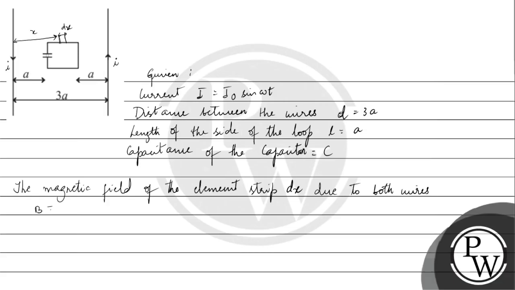So B is mu naught I by 2 pi x, this is from the left wire, plus mu naught I divided by 2 pi into 3a minus x, this is from the right wire. So this we can write as mu naught I by 2 pi into 1 by x plus 1 by 3a minus x.